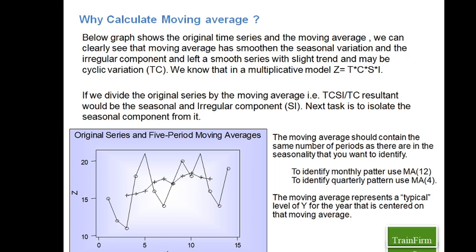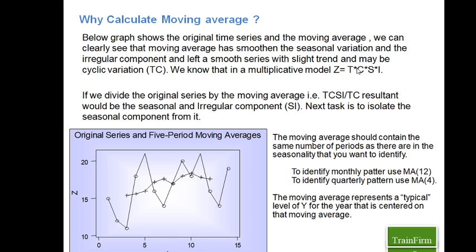Once I took the moving average, we have got the TC component with me. Then from the original series, I divide it by the moving average. I told you we will be left with only the TC component. If I divide TCSI by TC, what happens?